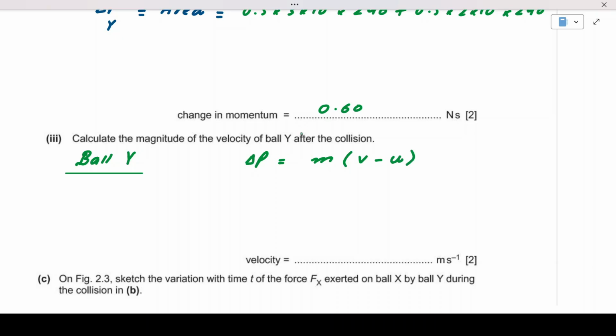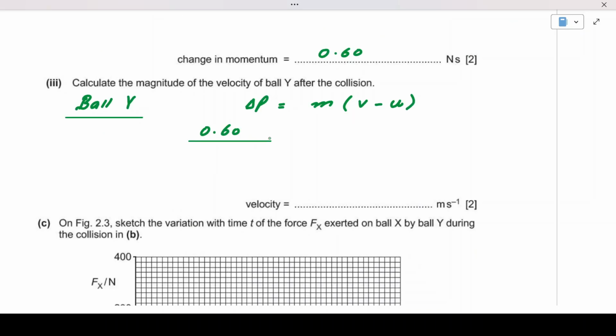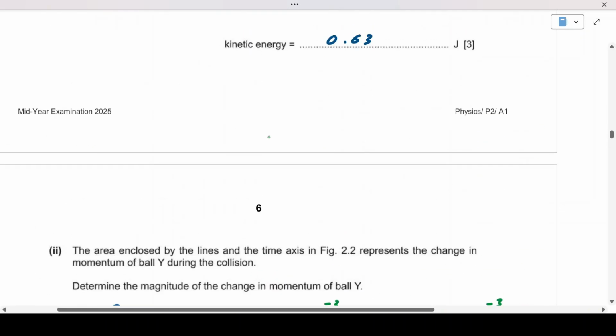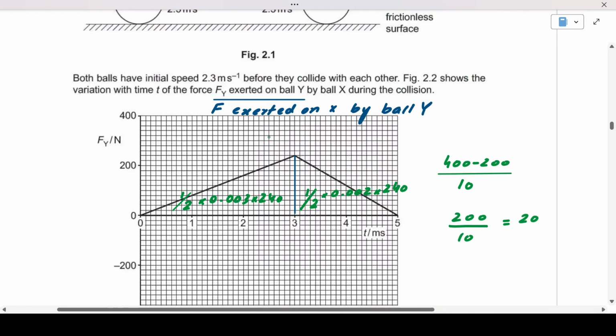Now what is the value of change in momentum? We found it already, 0.60. So 0.60 is the value of the change in momentum divided by mass. Mass was given as how much?